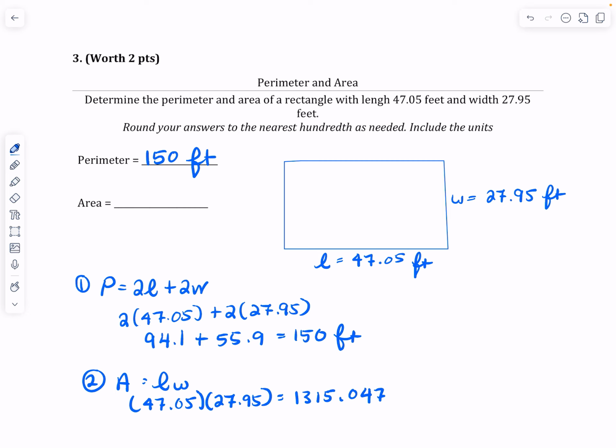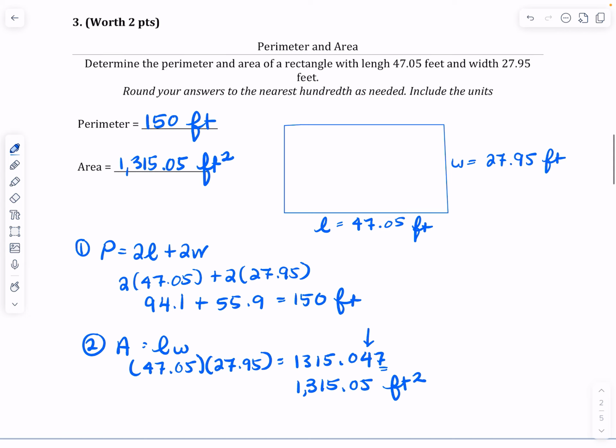I'm going to round to the nearest hundredths. The 4 falls into that. I look behind it, it's a 7, so I'm going to round up. So 1,315.05 feet squared, or square feet. So 1,315.05 square feet. Okay, so that's number 3.